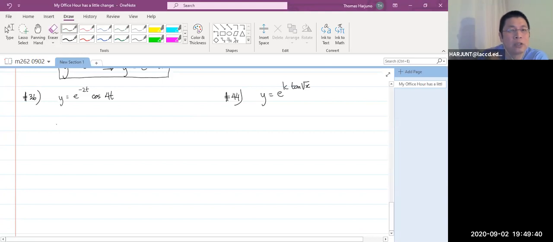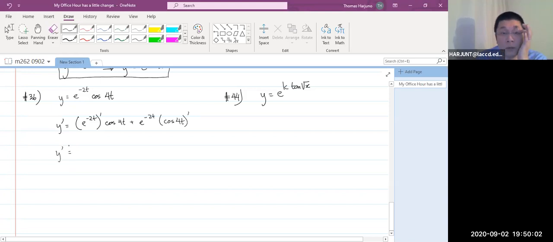Number 36, y prime is equal to, let me write it this way so that you can follow, the derivative of e to the negative 2t times cosine 4t plus e to the negative 2t times the derivative of cosine 4t.